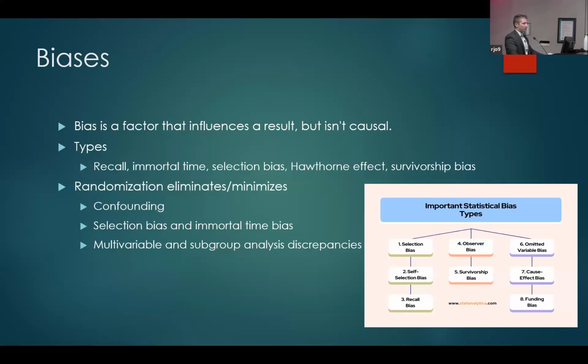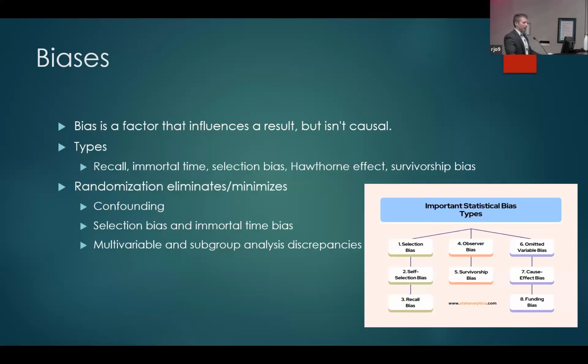And the beauty of randomization is that it minimizes these biases as best you can, because you balance the different patients or subjects into different groups. If you do that randomly in a certain population, then those different confounders and biases will be reduced, and the confounders will be balanced.